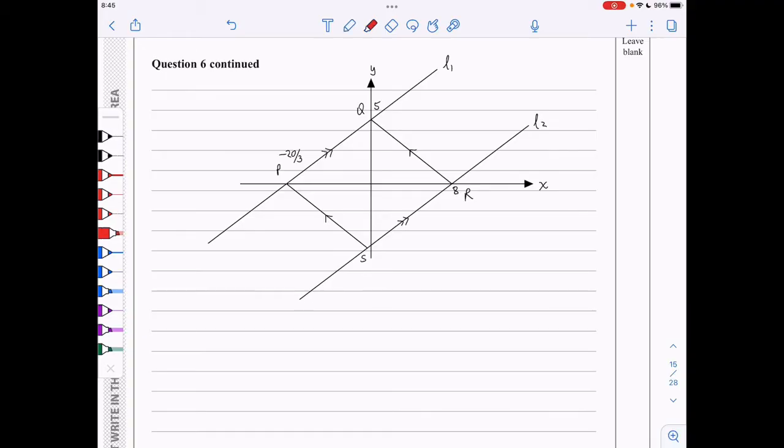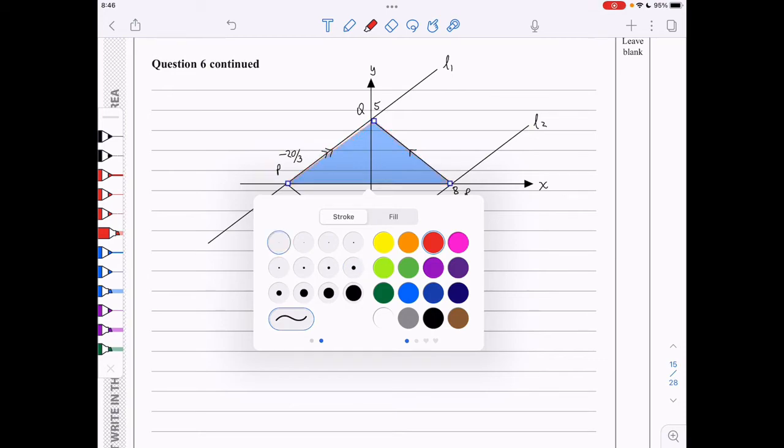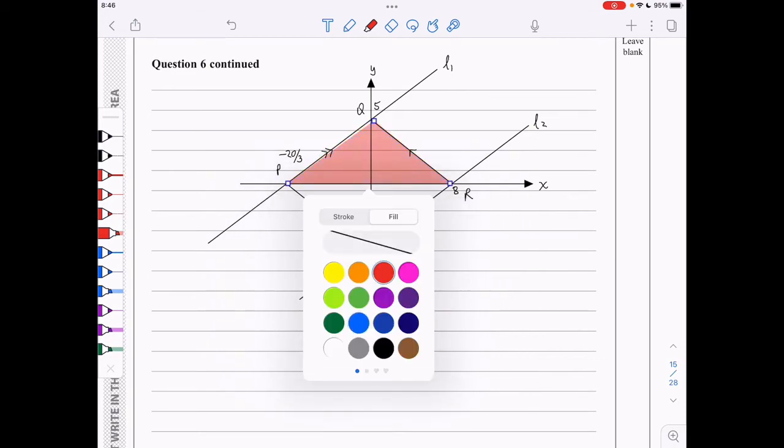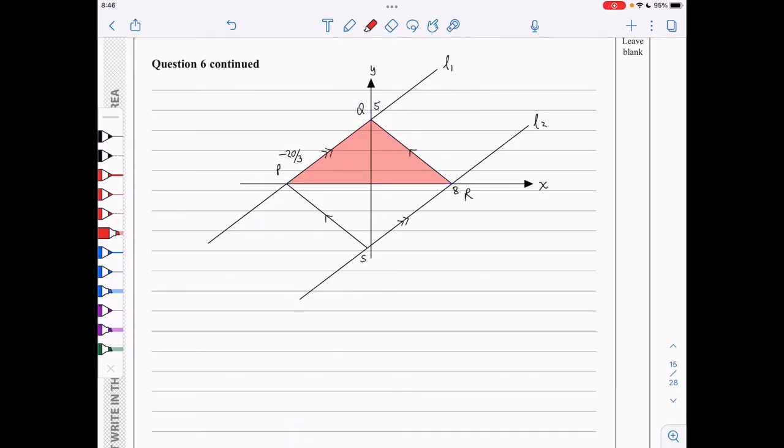I think it makes sense to find the area of this triangle here and then just double it in order to find the area of the parallelogram. So this is what we have here. Now it's easy to see here that the base of this triangle is 8 plus 20 over 3, and the height is 5.